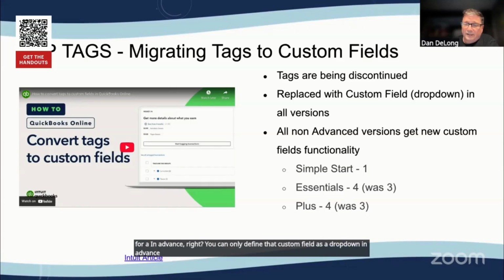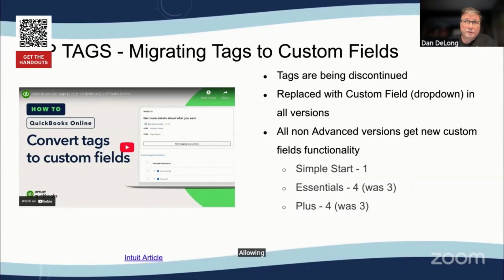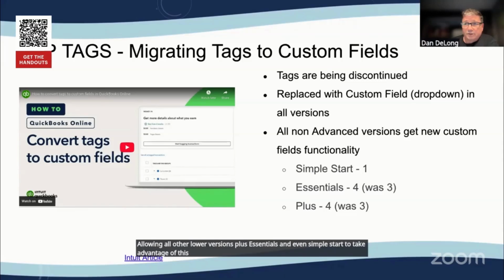So they are allowing all other lower versions, plus Essentials and even Simple Start, to take advantage of this option, which also unlocks to those other versions the ability to create other custom fields with that drop down capability. So it doesn't have to be just for tags.